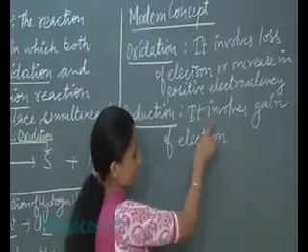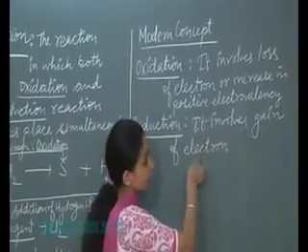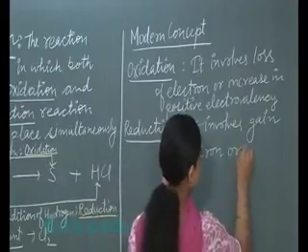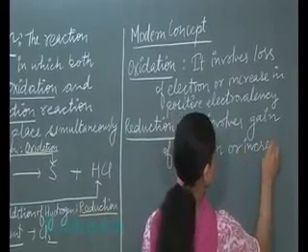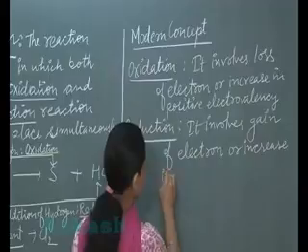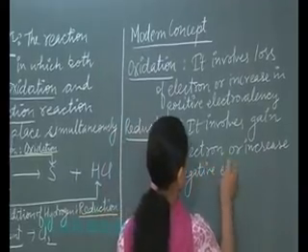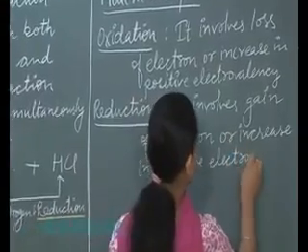Similarly, students, when there is gain of electrons, then the negative electrovalency increases, or increase in negative electrovalency.